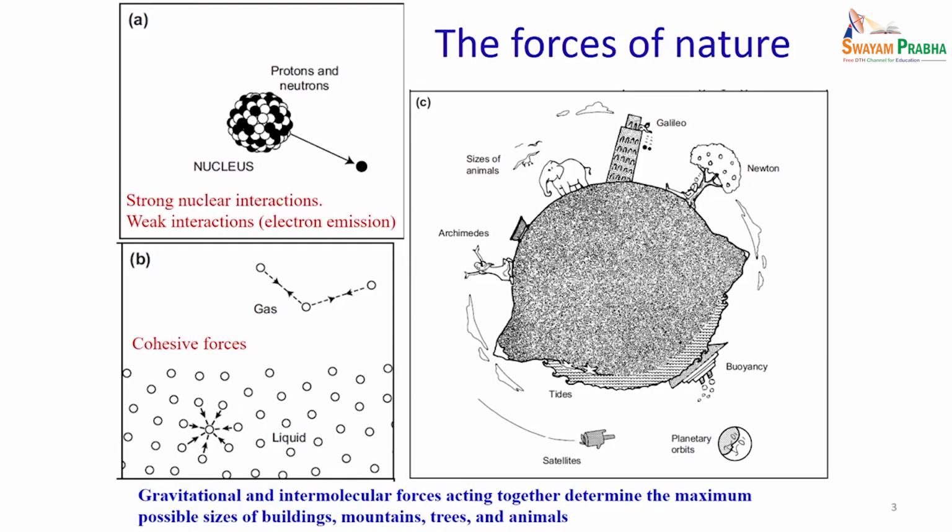These are a few illustrations of intermolecular forces. The first one is a nucleus, where protons and neutrons are there. Here the protons and neutrons combine through the strong nuclear interactions.